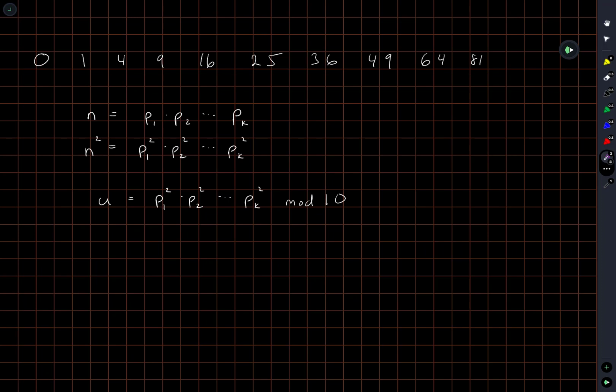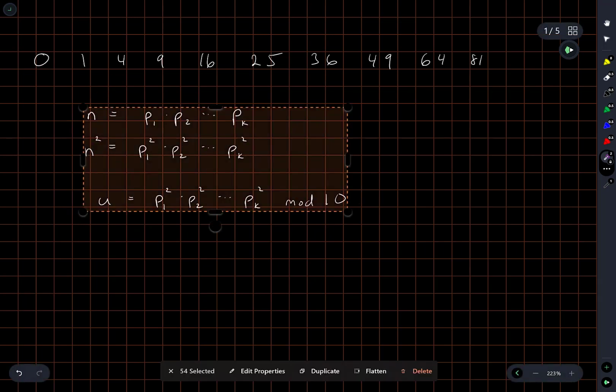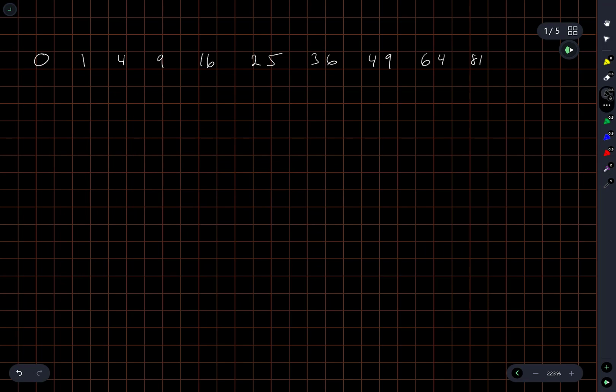Maybe here's a better way of thinking about this. We don't really need the primes in any way. So n squared mod 10 is the same as n mod 10 squared.